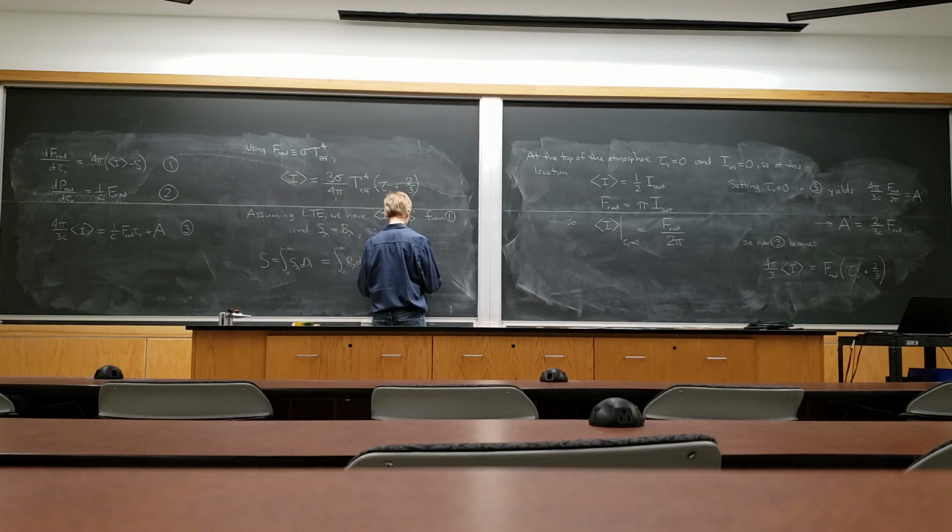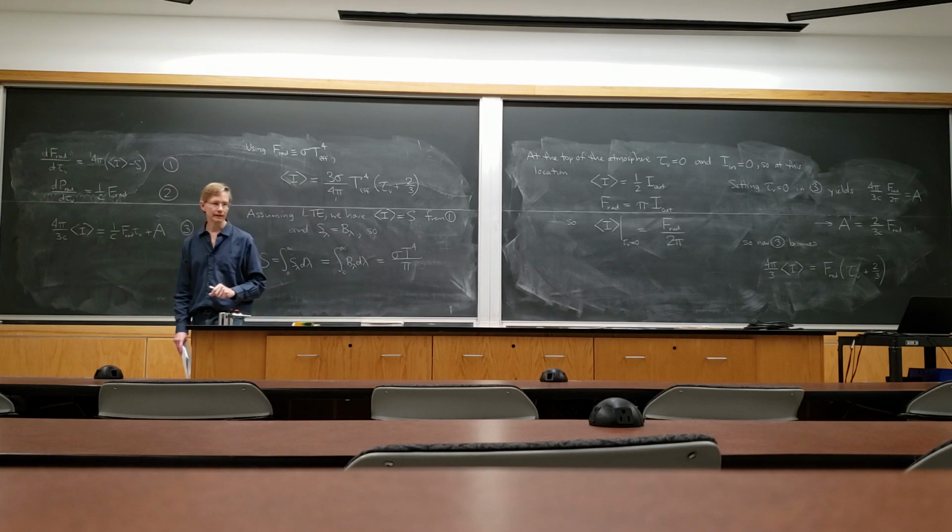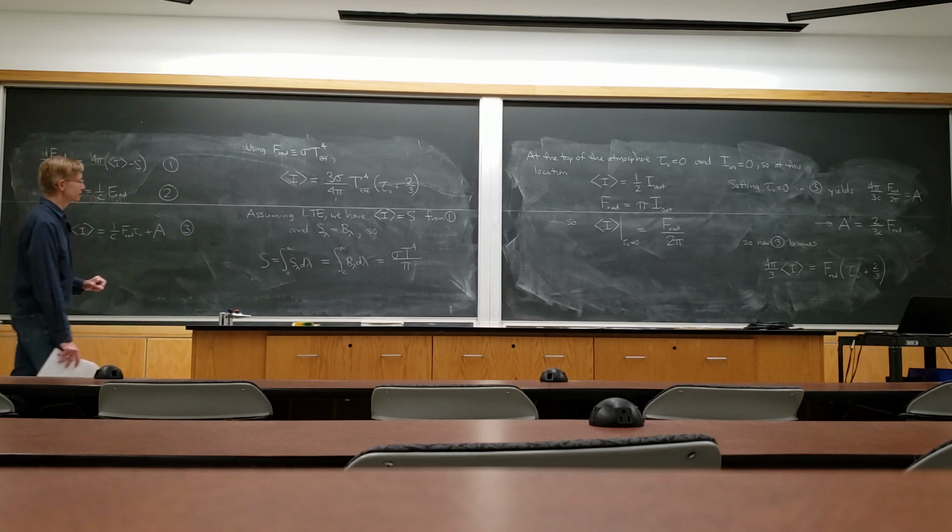And you get sigma T to the 4th over pi, because the integral of B lambda d lambda is sigma T to the 4th over pi. But this T is the local temperature. Teff refers to the radiation we're getting out of the surface, and that's not even the temperature of the surface layer. It's the overall temperature, if you will, of the radiation coming out of the star, which is coming from many layers.